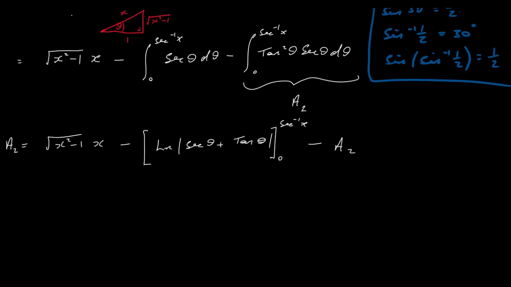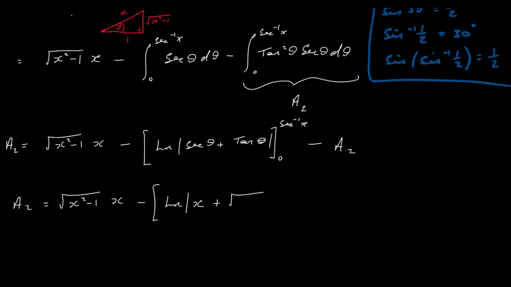Okay, so let's put in our limits here again. So we have area 2 is equal to the square root of x squared minus 1 times x minus, if we put in sec inverse x here, the log of sec theta, which is the sec of the sec inverse x, which is just x, plus the tan of sec inverse x, and we had that a few minutes ago as well.